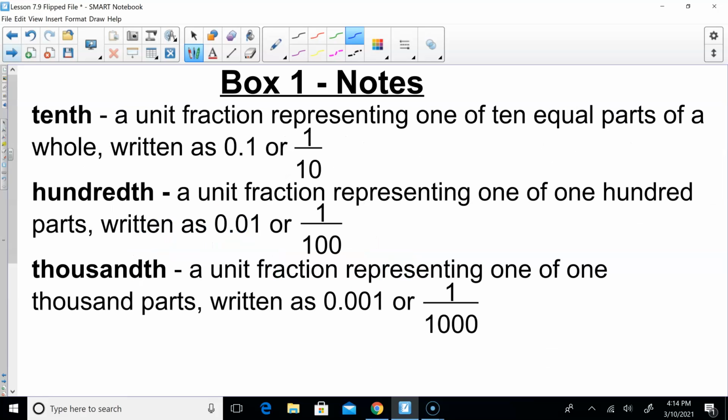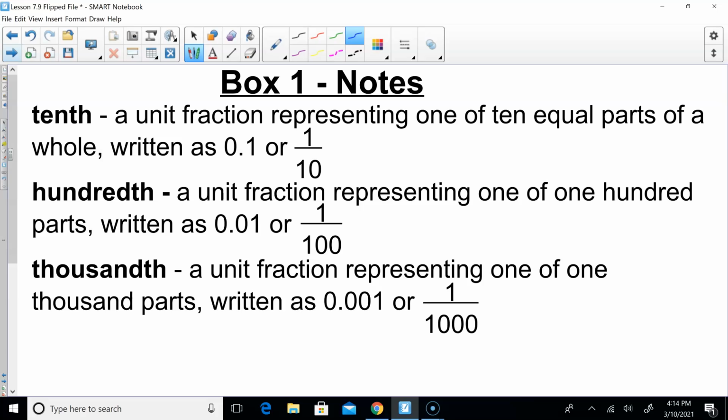Some more vocabulary words that we want to have. What is a tenth? A tenth is a unit fraction representing one of 10 equal parts of a whole, written as 0.1 or 1/10. A hundredth is a unit fraction representing one of 100 parts, written as 0.01 or 1/100.